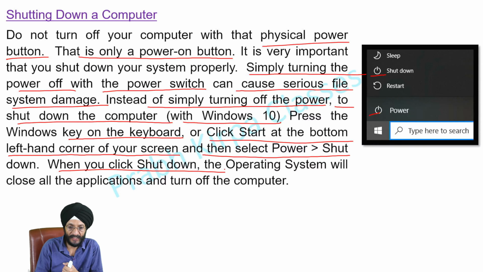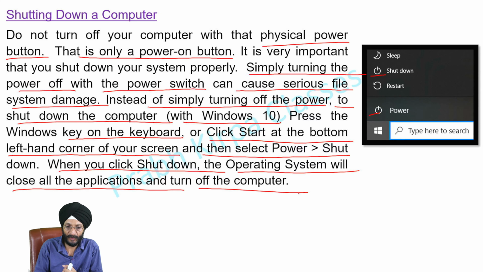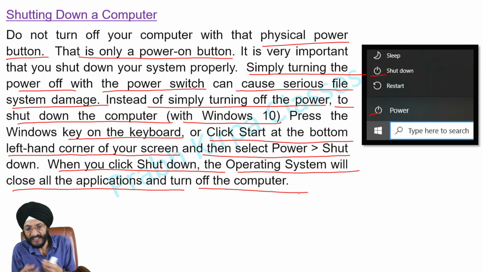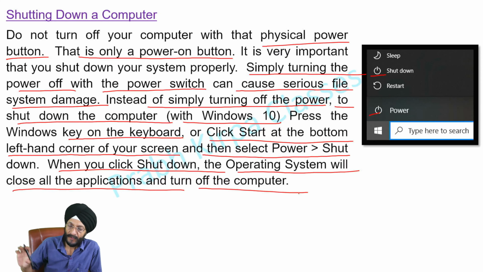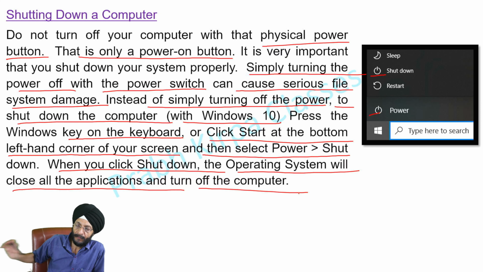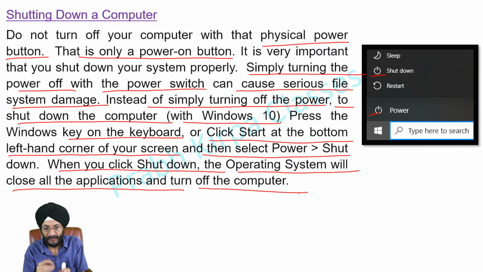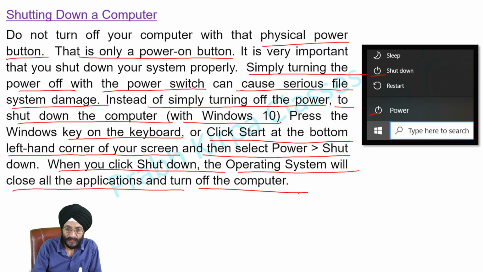When you click Shut down, the operating system will close all the applications and turn off the computer. All this means that we should not switch off the supply from the main electric switches. We are to use the proper button which has been there on the computer system itself.